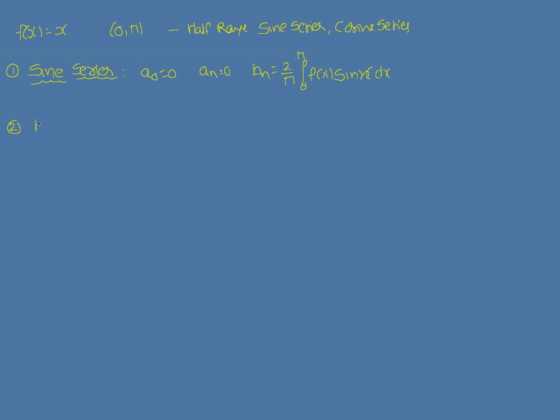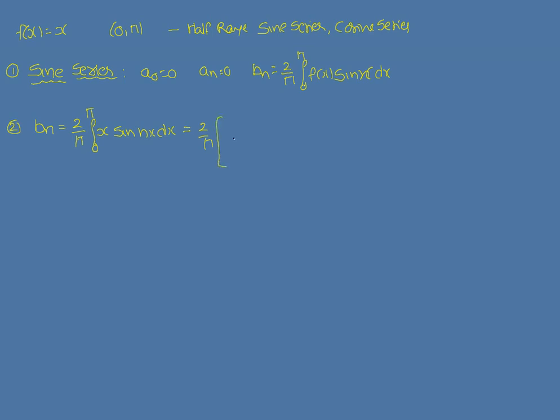So bn, we have to find the value. Bn is equal to 2 by pi integral 0 to pi, f of x is x, x sin nx dx.